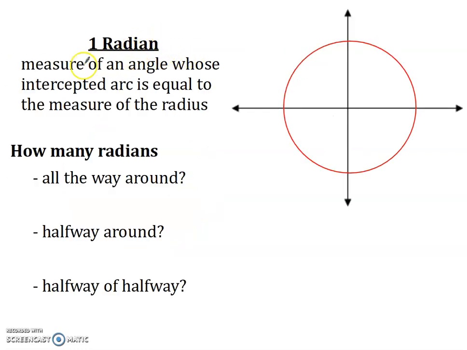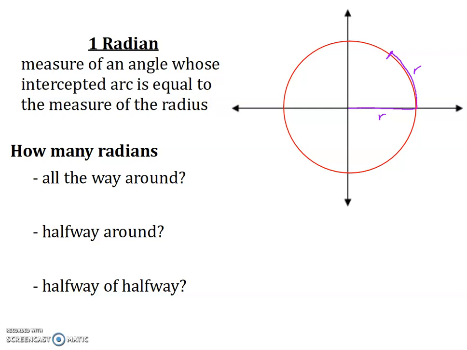So a radian is the measure of an angle whose intercepted arc is equal to the measure of a radius. So here's the radius here, and that first little mark I did on that last picture, this was the same.